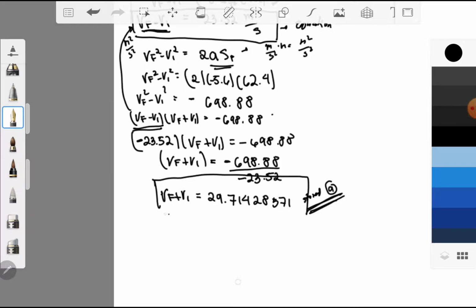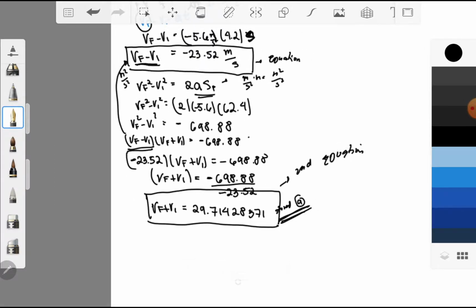Okay? So, this is our second equation. Okay? So, pwede yung compute yan gamit ang mode 5.1. Wherein we have your input VF less VI is 1 equals negative 23.52. So, equals 1 plus 1 plus 29 alpha A. Okay?